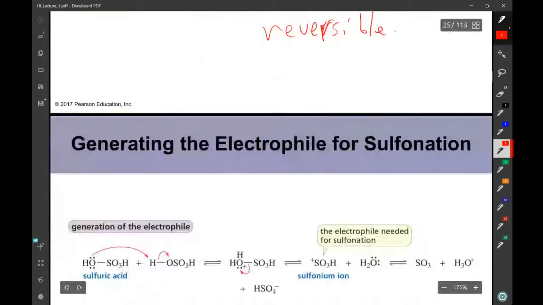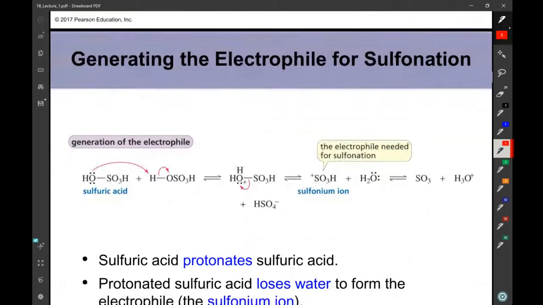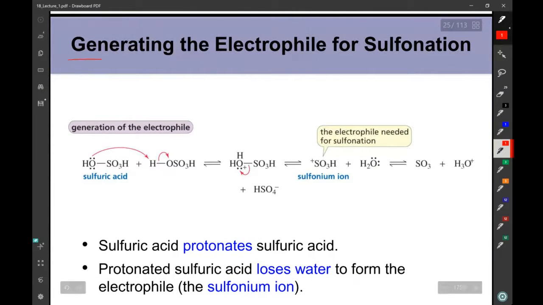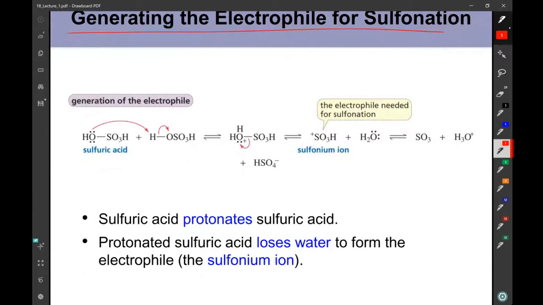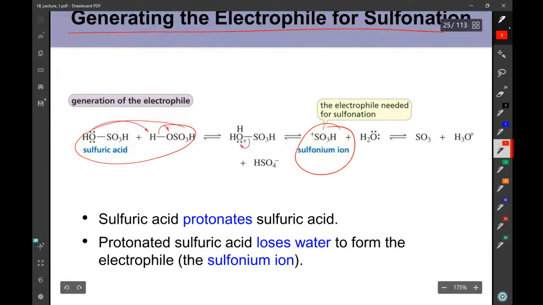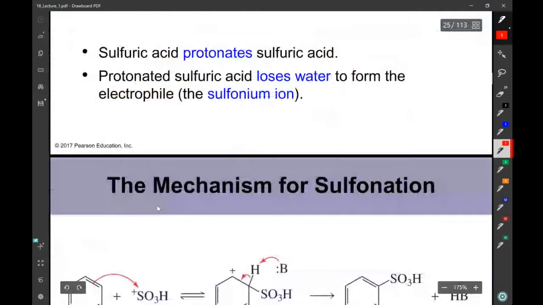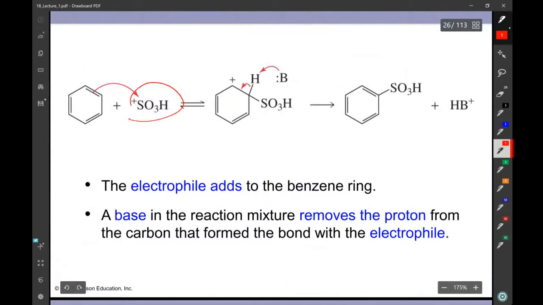Now, just like every other reaction we've done, the first step is how do we generate the electrophile? To generate the electrophile in the sulfonation reaction, the 2 sulfuric acid molecules interact with each other and then create the sulfonium ion. Once the sulfonium ion is created, it reacts with your benzene ring to create your intermediate and then the product.